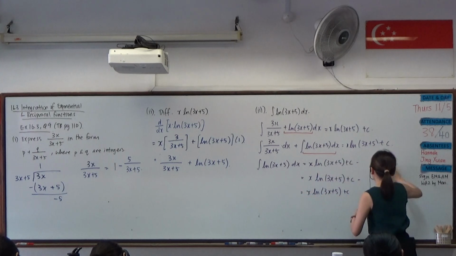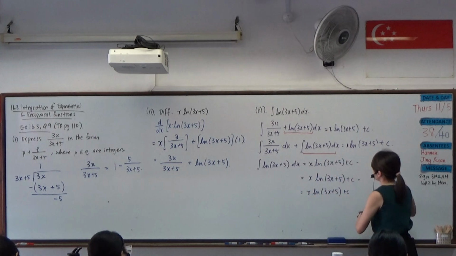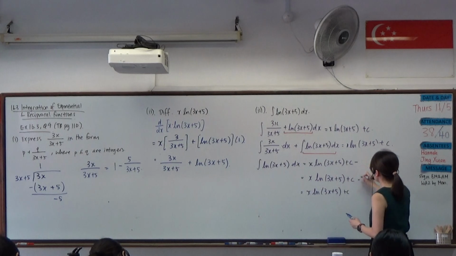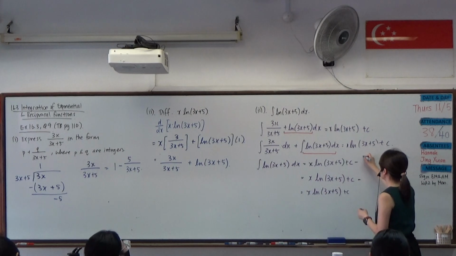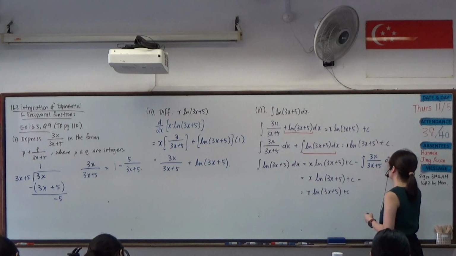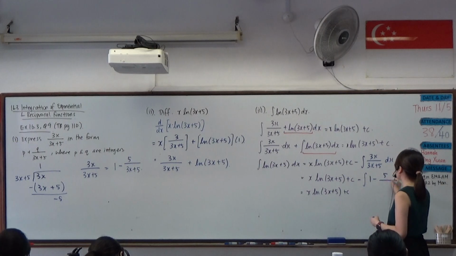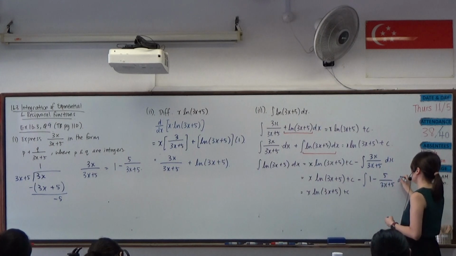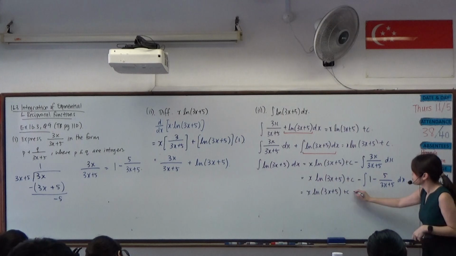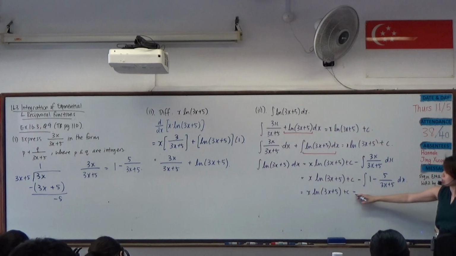But maybe just for presentation's sake, I'll do it in different colors. This is the integral of 1 minus 5 over 3x plus 5 dx. So take note there's a minus sign outside.